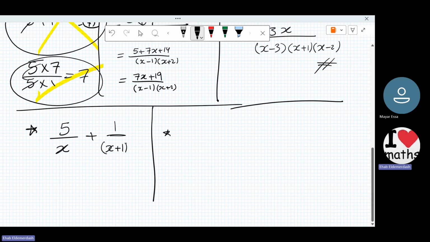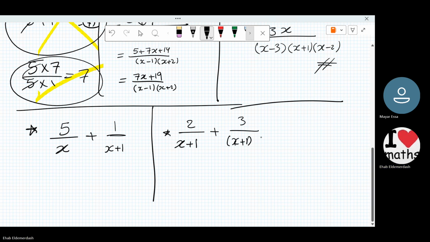Here is the first question: 5 over x plus 1 plus something over x plus 1. The second question: answer this question, 2 over x plus 1 plus 3 over x plus 1. Come on.